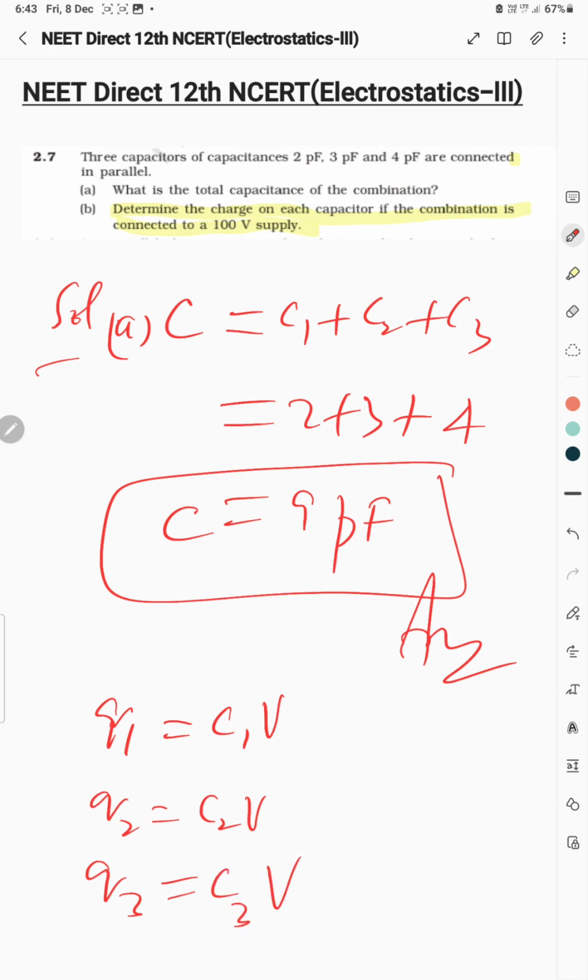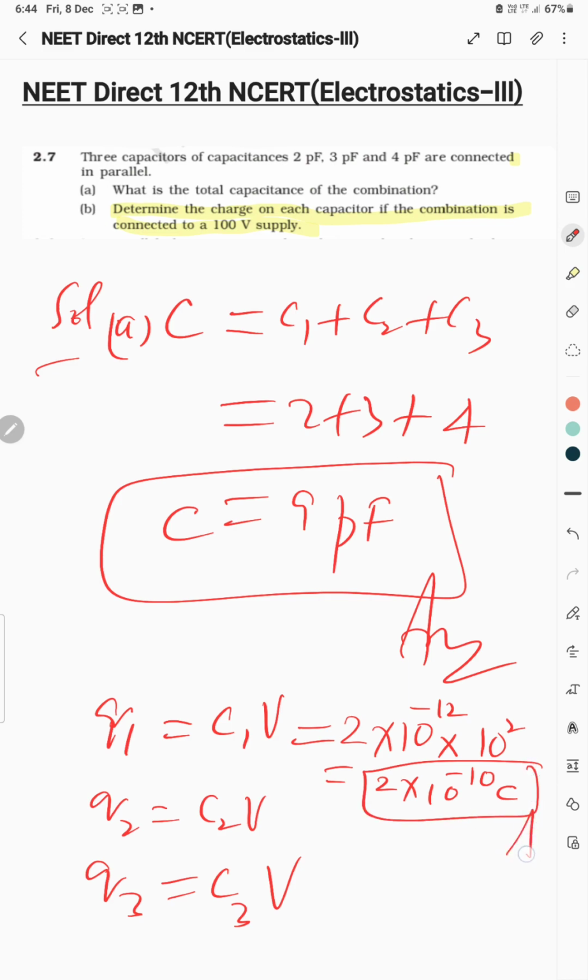Because they are in parallel combination. C1 is 2 picofarad, which we write as 2 × 10^-12, into voltage which is 100. How much do you get? 2 × 10^-10 coulomb. This is the answer to the second part, that is part B of the problem.